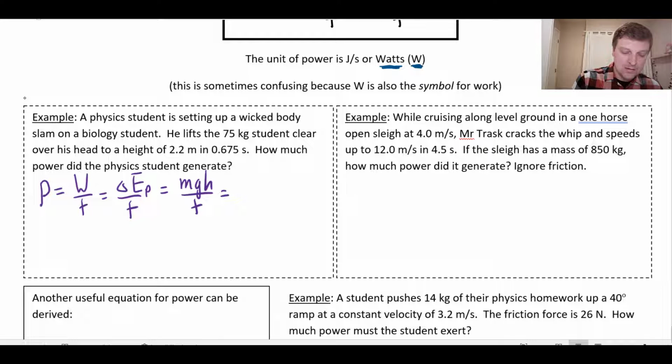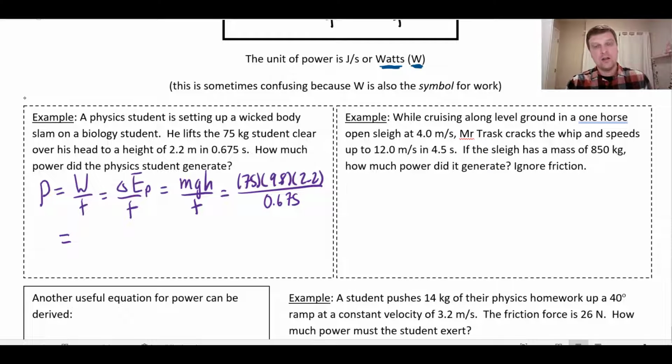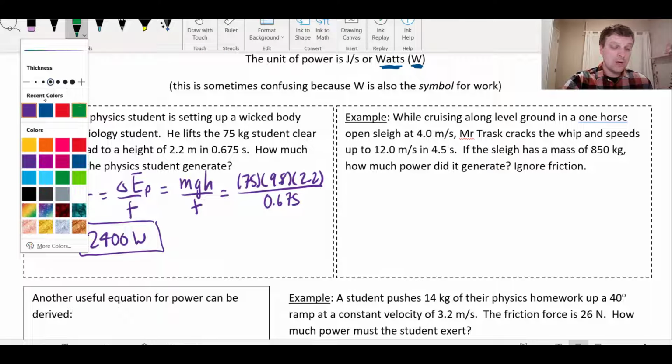And so when we sub in our values here, 75 times 9.8 times a height of 2.2, that's pretty high up. I hope they're okay. Divided by 0.675. Crunching this into your calculator, you should find that you get about 2,400 watts.